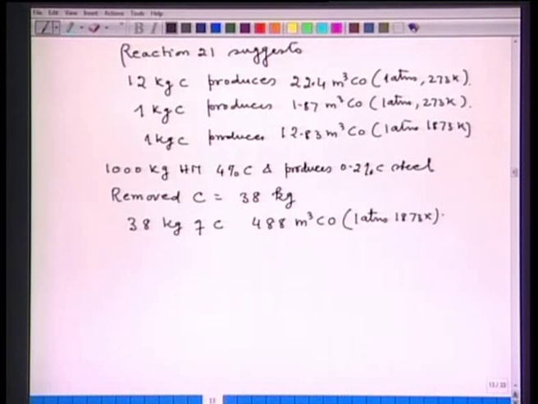And my dear friend, this is per ton of hot metal. Of course, this amount of CO will be evolving over a period of time. It is not that it will suddenly evolve. It will evolve over a period of time.